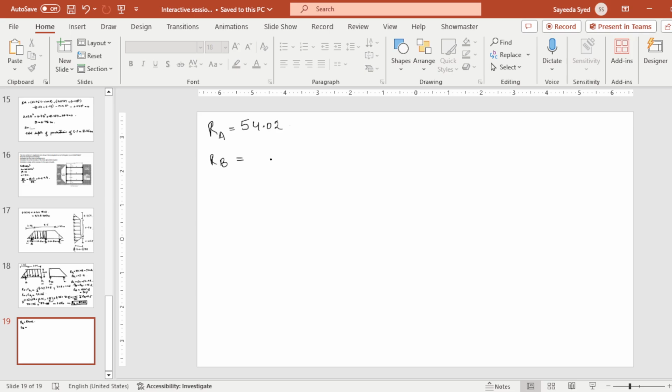And let us try to draw the shear force and bending moment diagram. This is 54 and this was 45.2. Let's draw the shear force diagram.